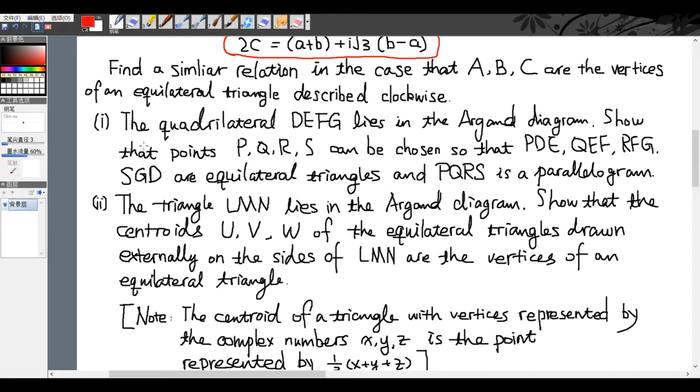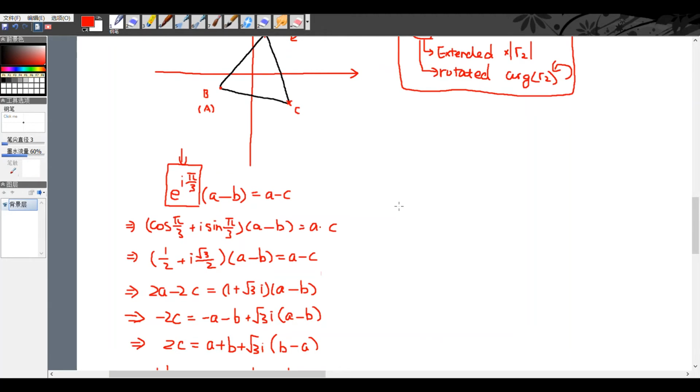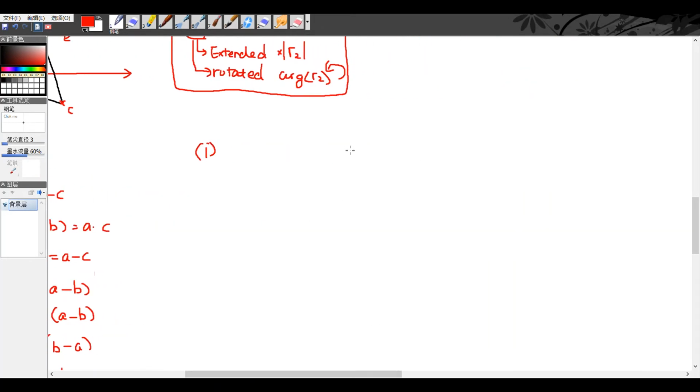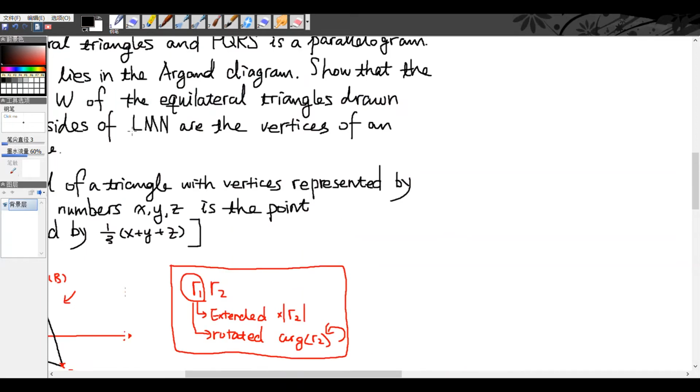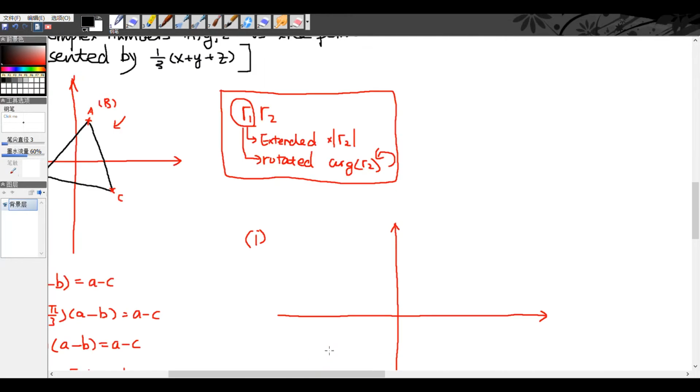It says the quadrilateral DEFG lies in the Argand diagram. So for this question, we have our Argand diagram, and then we have a random quadrilateral DEFG.